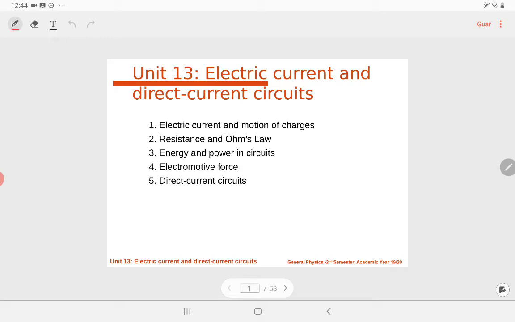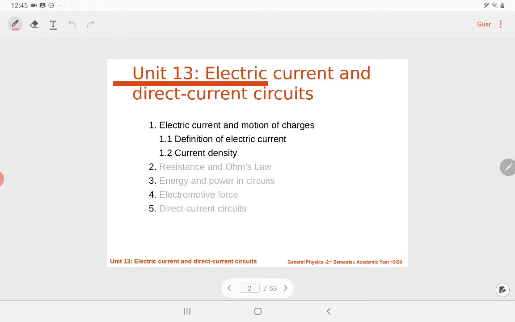And in the last part of the unit, we're going to talk about direct current circuits, very simple ones. We're going to have batteries and resistances mainly connected in series and in parallel. We're going to play with them a bit in this fifth section of the unit.